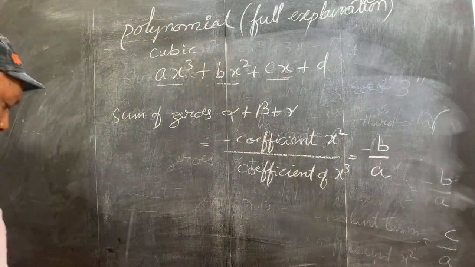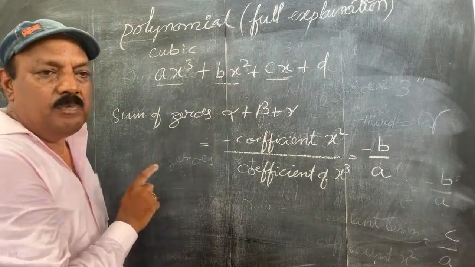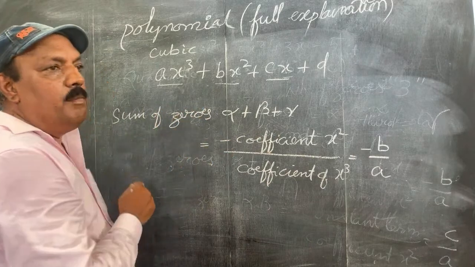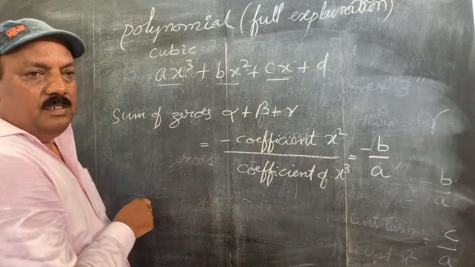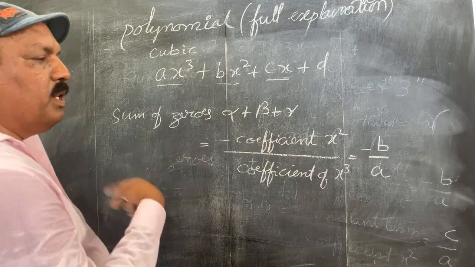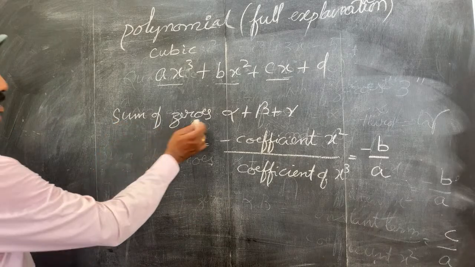In the quadratic polynomial, we only have the sum of the zeros and the product of the zeros. But in the cubic polynomial, you have one extra: the sum of the product of the zeros. First, the sum of the zeros we got.